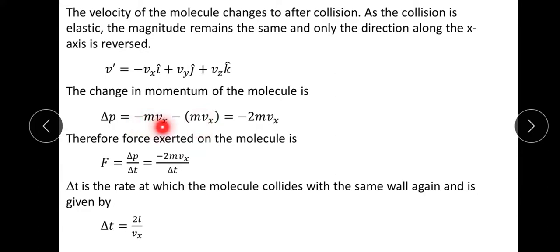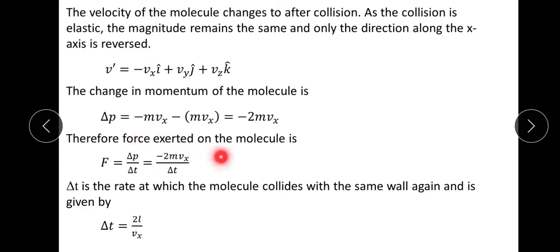It is m into minus vx, where minus vx is the final velocity of the particle after the collision. Therefore, it becomes minus mvx. Minus the initial momentum: m into the initial velocity vx along the positive direction, so it is mvx. So the change in momentum will be minus 2mvx.